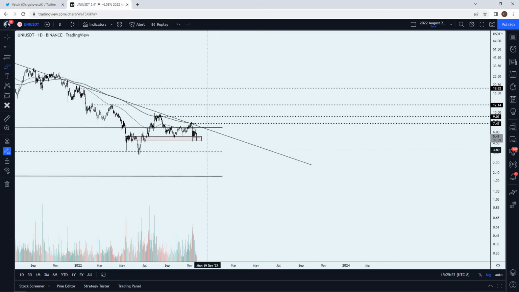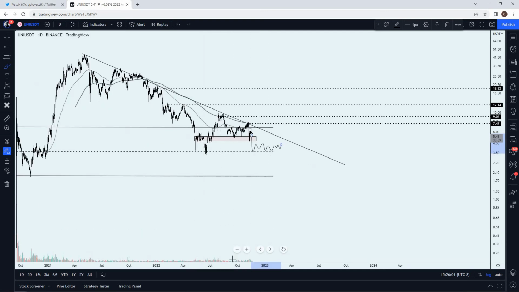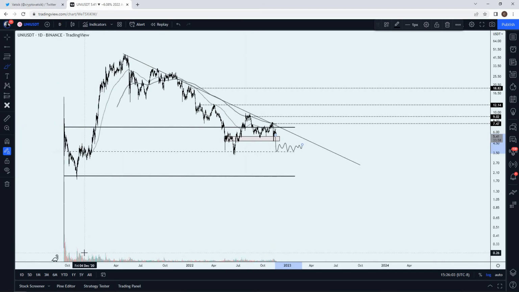But I'll quickly change my bias if we saw something like this. Say we break back down here and we start to do something like this, and we do it on high volume, relative to the volume we saw back here and the volume we're seeing now.